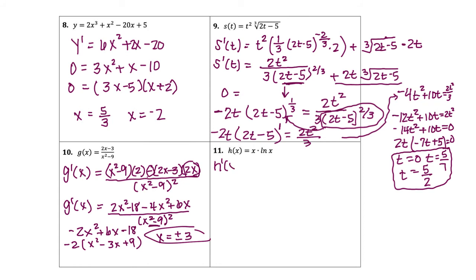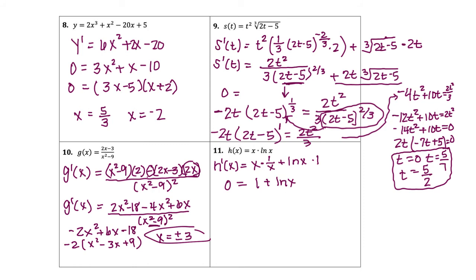So h prime at x equals the first times the derivative of the second plus the second times the derivative of the first. So setting this equal to 0, it looks like you've got 1 plus natural log of x.